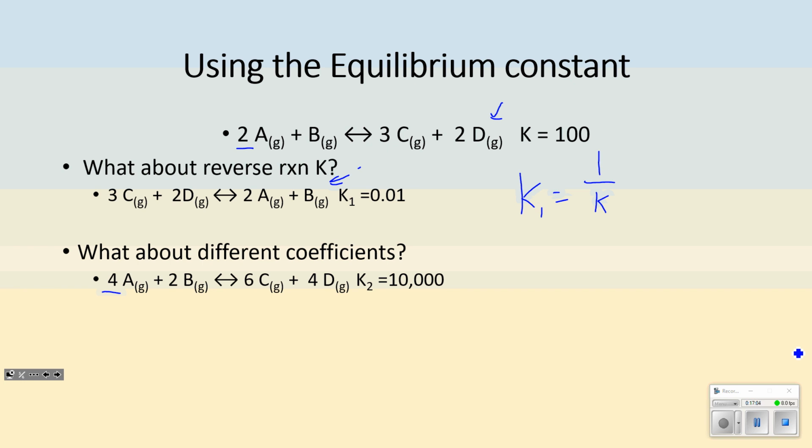So when you have a 2 in front of this A in the top equation, it's the concentration of A squared, not 2 times A. So if I were to double this entire reaction, what I do to solve for K2 is I have to square my original K value. 100 squared gives me the 10,000.